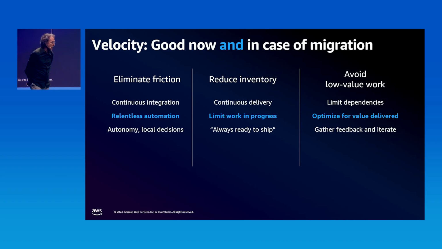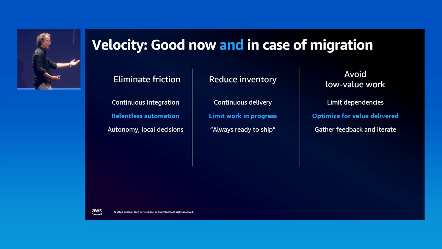Remember the startup example, the 2 weeks? They could do this because they had high levels of automation, right? They had a clean architecture, they knew what they were building, managed their dependencies, they were running a lean ship, and that's why they could port their application in 2 weeks. Their switching cost was low because their velocity was high.